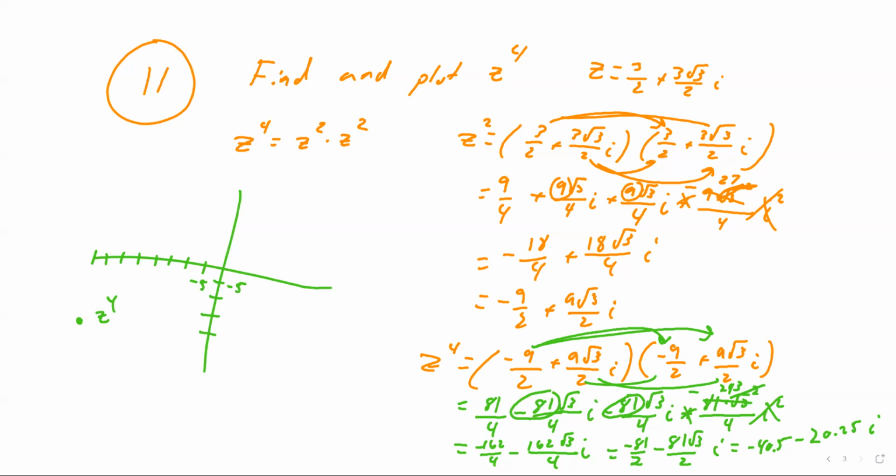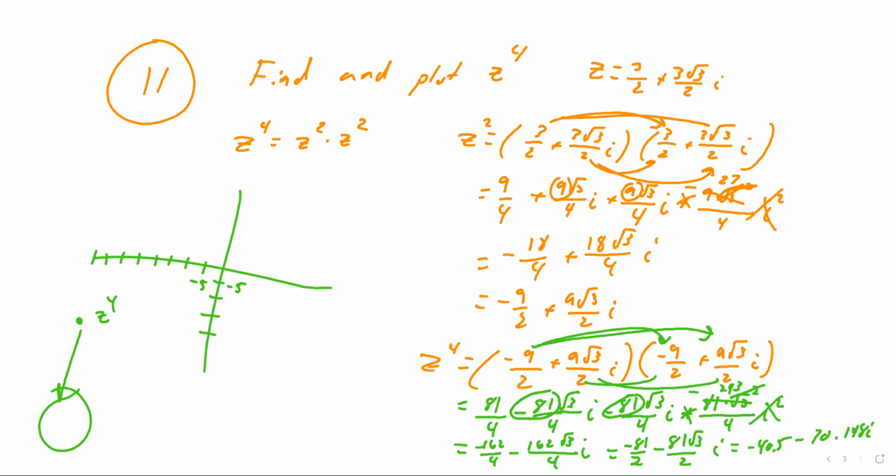You missed that part. So that's going to be somewhere right here in this general area. I'm not going to regraph that. It's going to be further down instead of at 20.